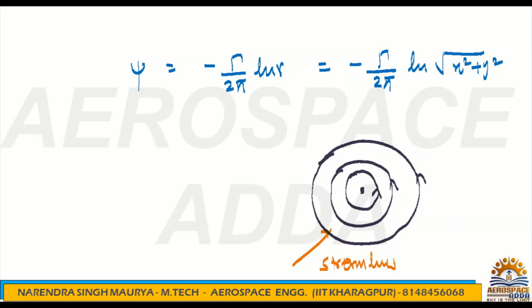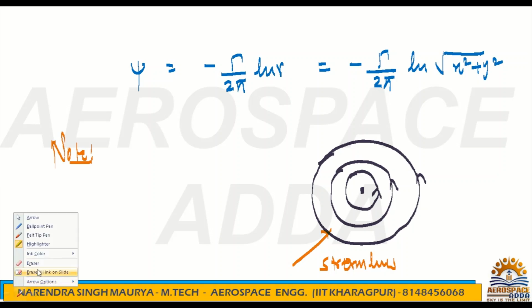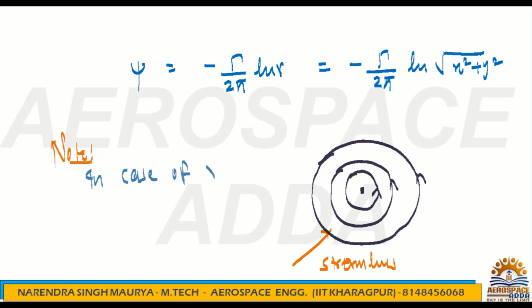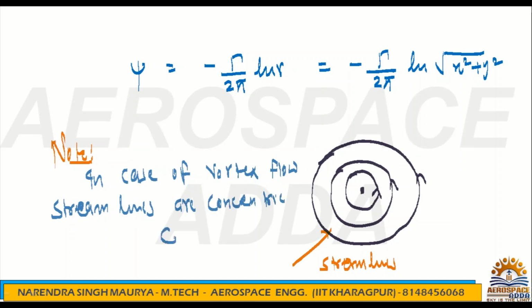Always remember, it's a very important point: in case of vortex flow, streamlines are circles, or concentric circles, meaning the same.